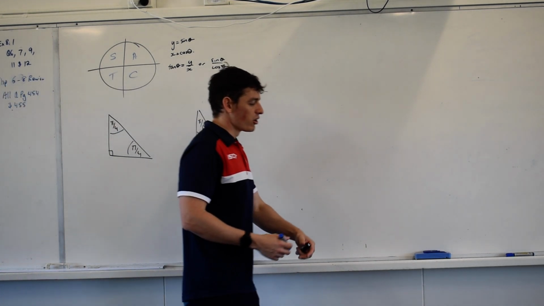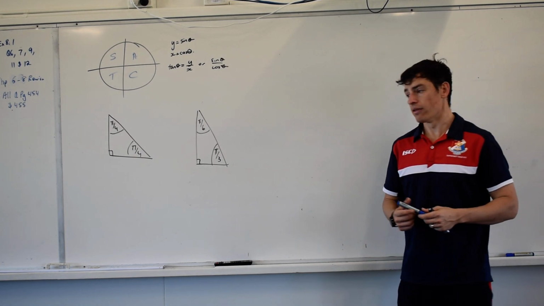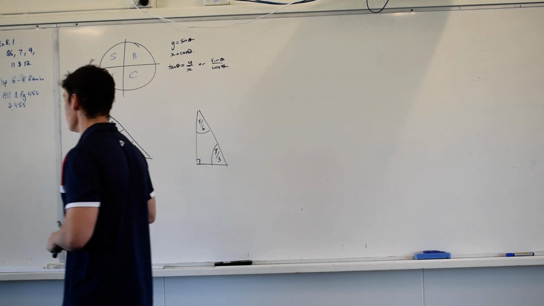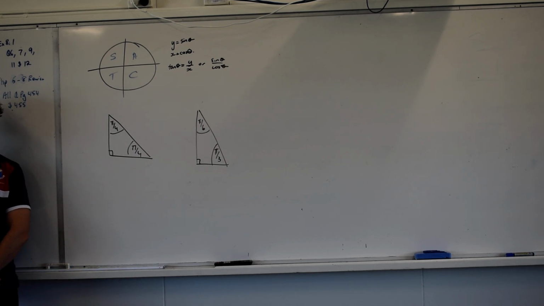Now, we do have to remember something. We can't just not rote learn something. We have to rote learn a few things here. But this will help us remember for every value. The smallest side on all of these triangles is 1. So can you please write 1 under the smallest side on both of these triangles?